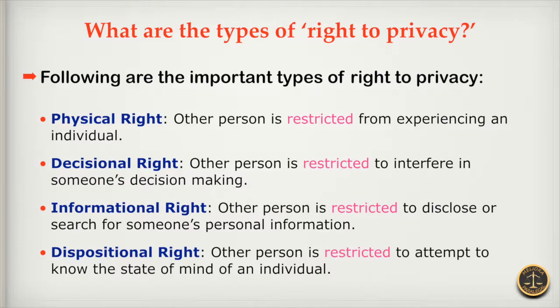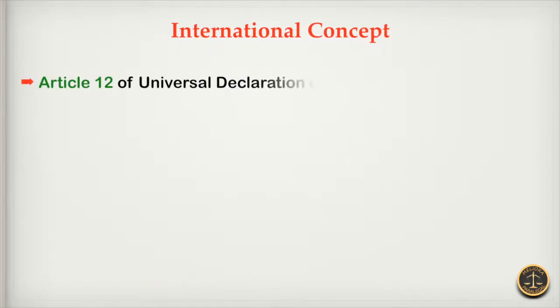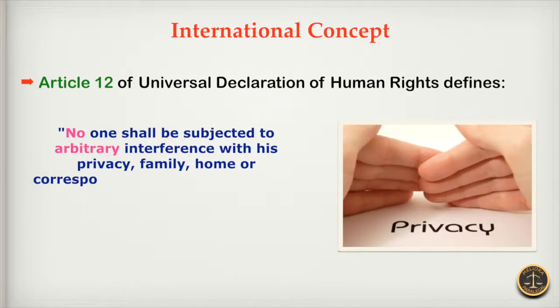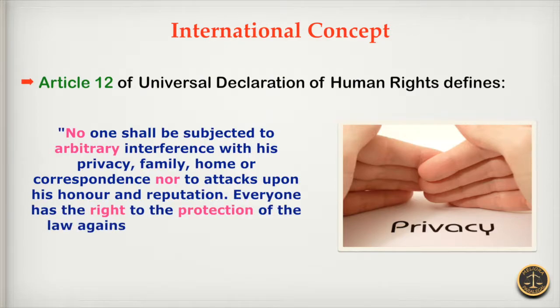Now, let's check out the international explanation of right to privacy. International concept: Article 12 of the Universal Declaration of Human Rights defines that no one shall be subjected to arbitrary interference with his privacy, family, home, or correspondence, nor to attacks upon his honor and reputation.